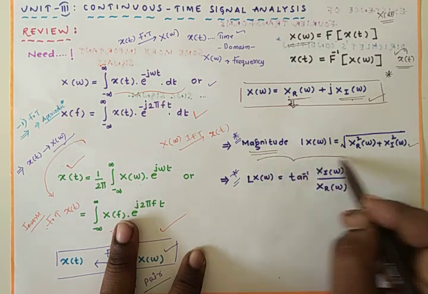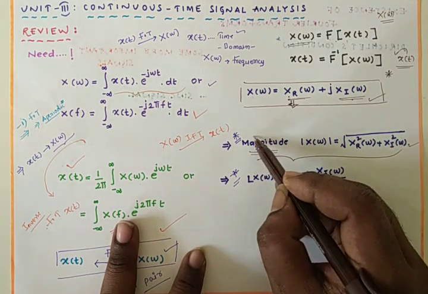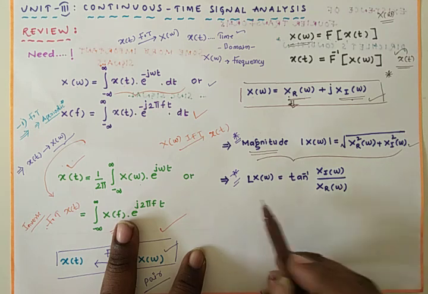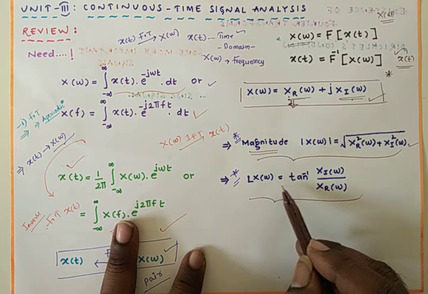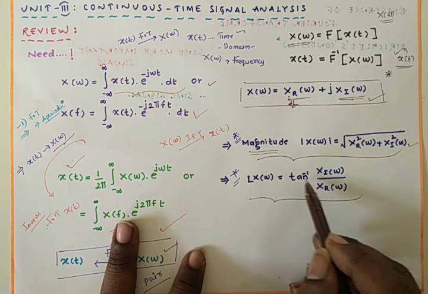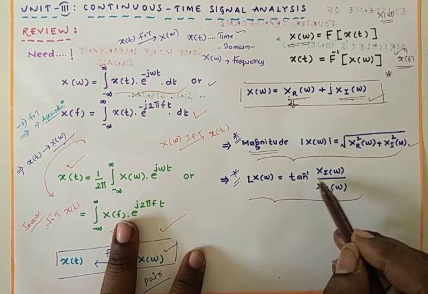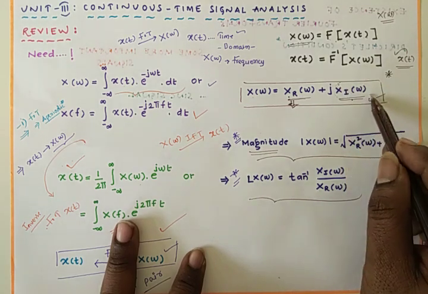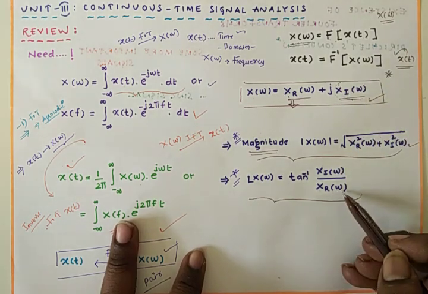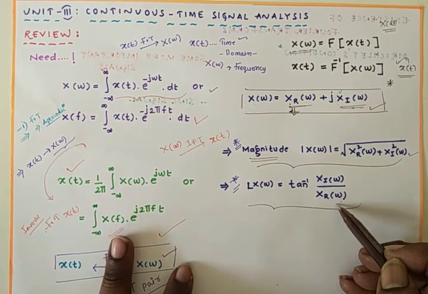By making use of this equation, we can calculate the magnitude, and the phase angle can be given as angle of x of omega equals tan inverse of xi of omega, that is, the imaginary part of x of omega divided by the real part of x of omega.